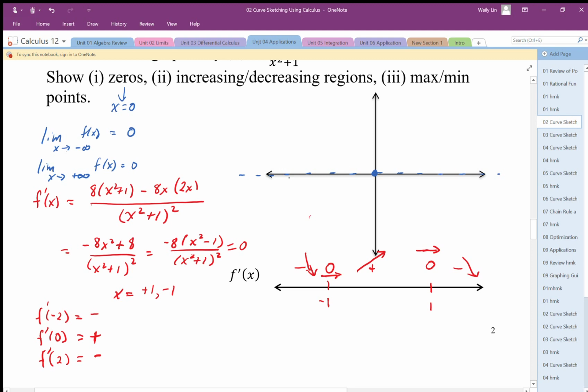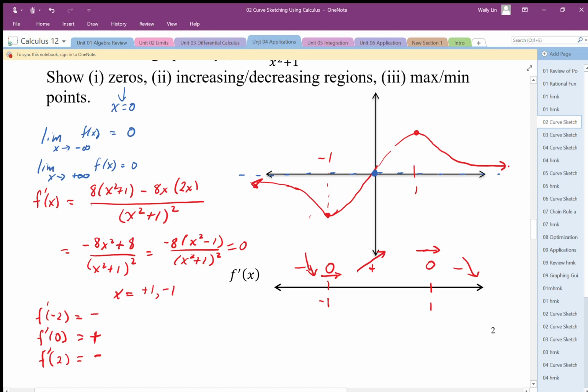I know that it's got to go like this. Okay, at -1, there's going to be a minimum point. It's going to cross through here. At +1, there's going to be a maximum point, and then it's going to go down to the asymptotes. There it is. Okay, so that's what the graph's going to look like.